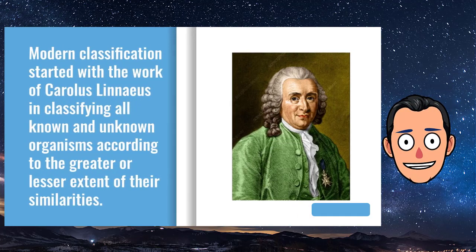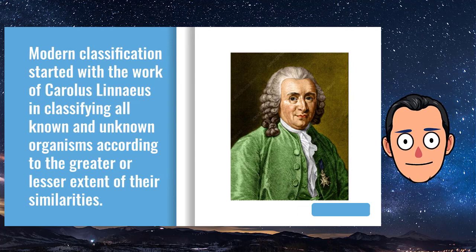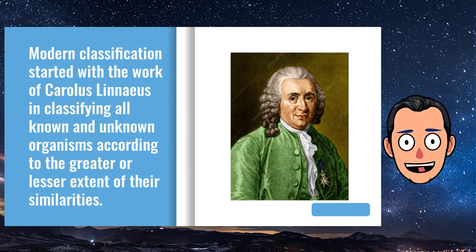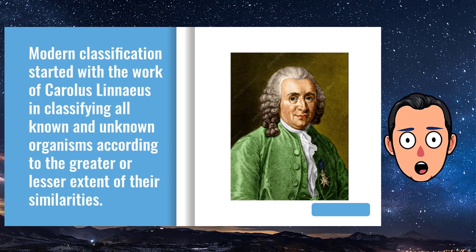Classifying organisms based on evolutionary relationships. Modern classification started with the work of Carolus Linnaeus in classifying all known and unknown organisms according to the greater or lesser extent of their similarities.